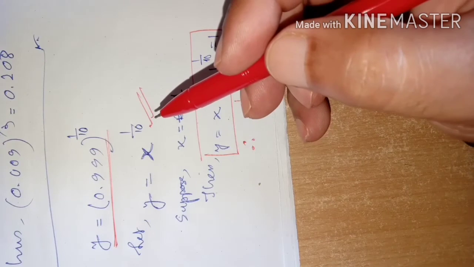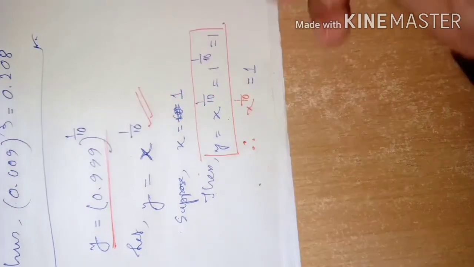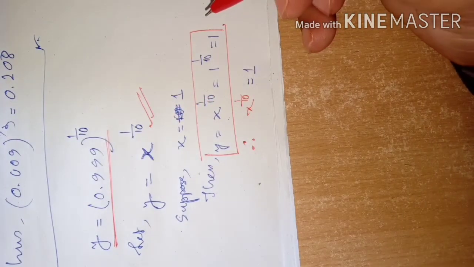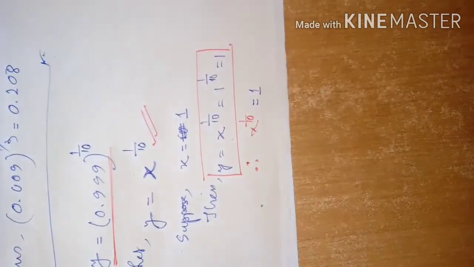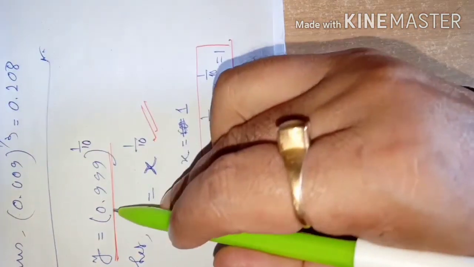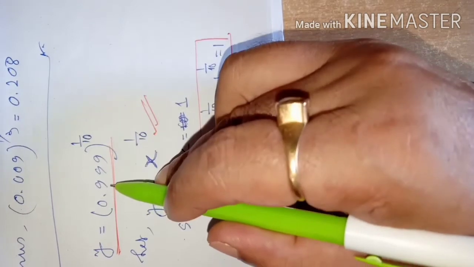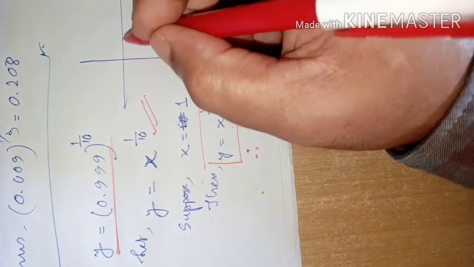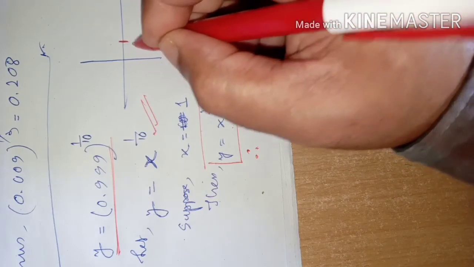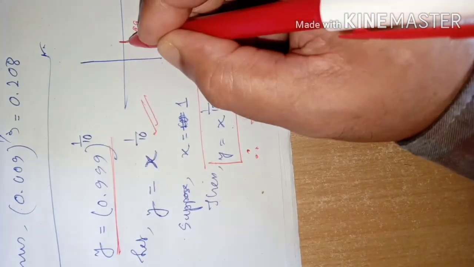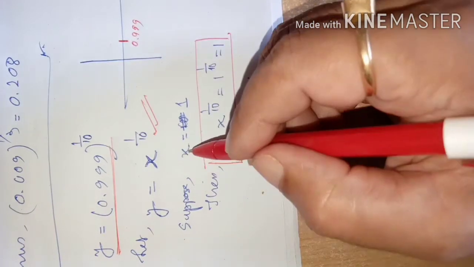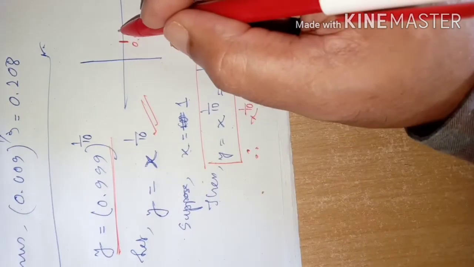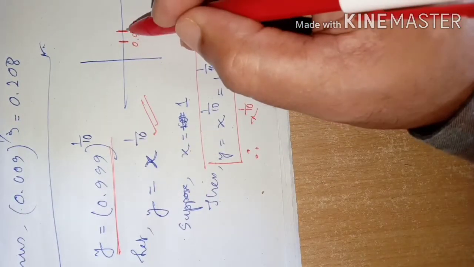Second step is writing delta x and delta y. Now just think, dear students, the value of the given number is 0.999. Suppose 0.999 is here, and we have taken x equal to 1, so it will be after 0.999. So here it is 1.